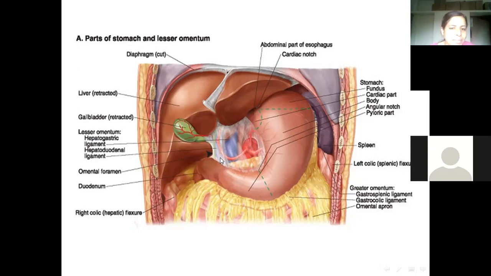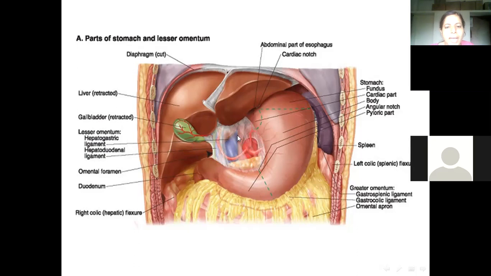So, lesser omentum is thickened between the liver and the stomach. You call it hepatogastric ligament. Similarly, there is a thickening of this peritoneal covering between the liver and the first part of the duodenum. You call it hepatoduodenal ligament.